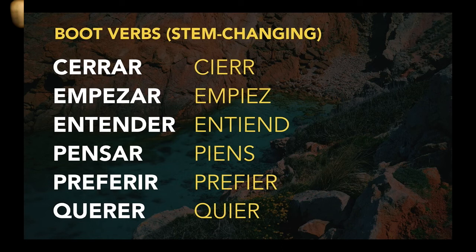We got some verbs here: cerrar, to close; empezar, to begin; entender, to understand; pensar, to think; preferir, to prefer; and querer, to want. So you can see the endings. We change the E for the IE, and then the endings according to the subject pronoun that is conjugated in that case.